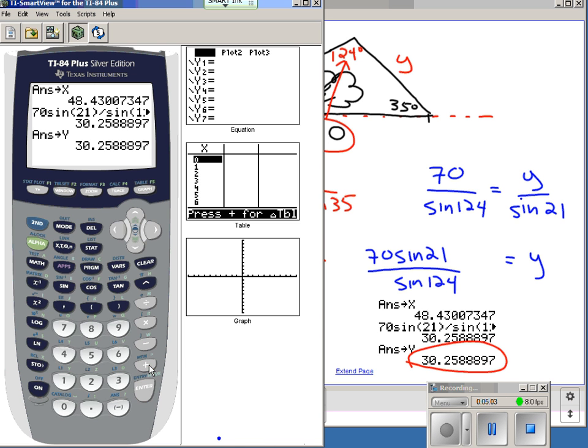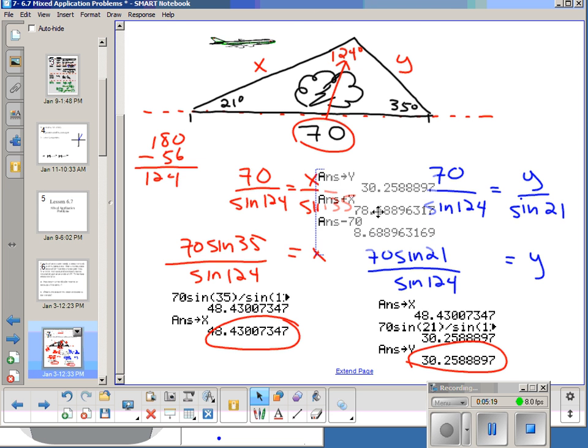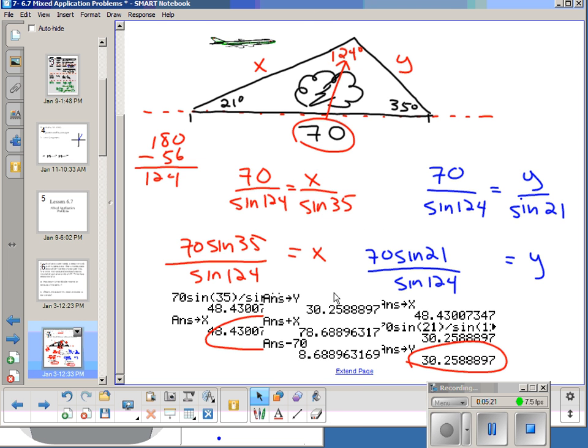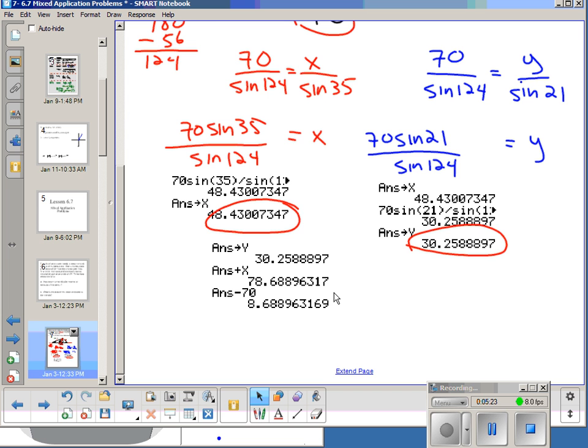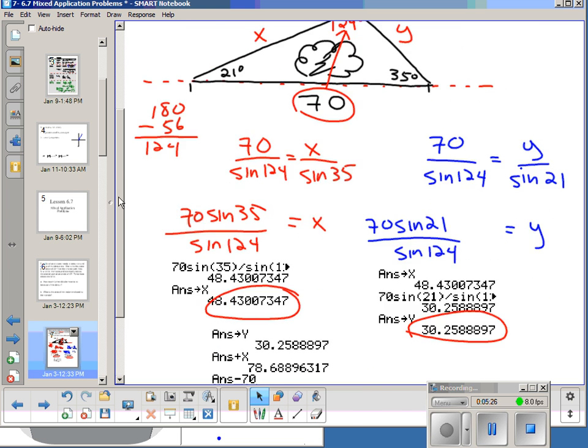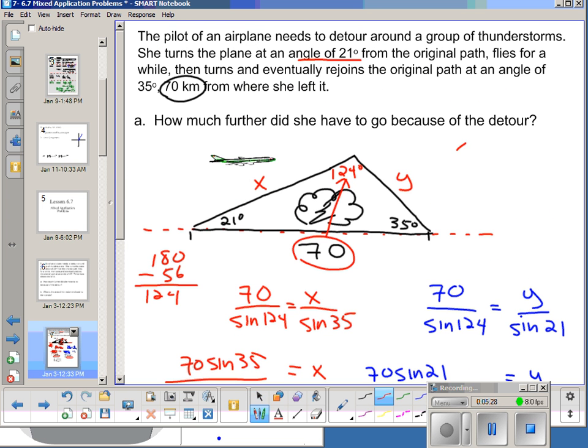So I have y, I can just do that plus, and I've stored my original answer for x right there, and I get 78.688. So how much farther did she go? Well, she would have gone 70 if she could have gone straight, and so the correct answer is 8.689. So 8.69. So now I have answered the question.